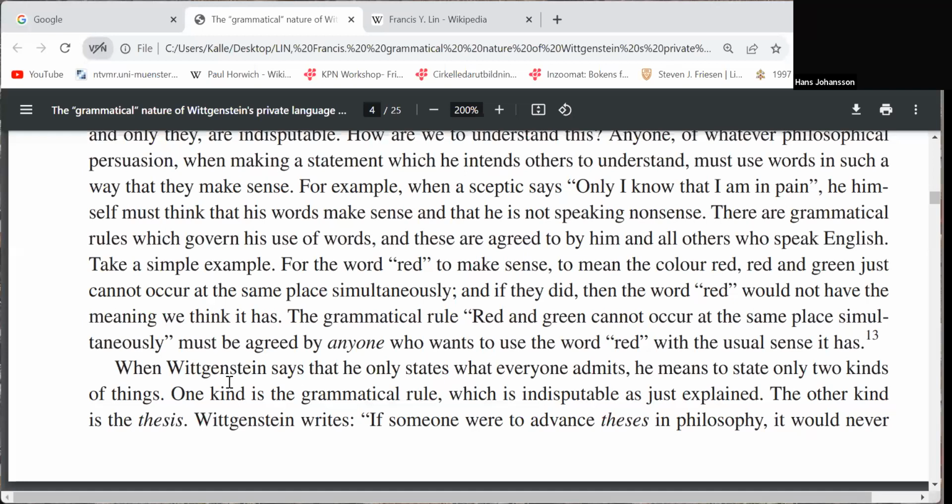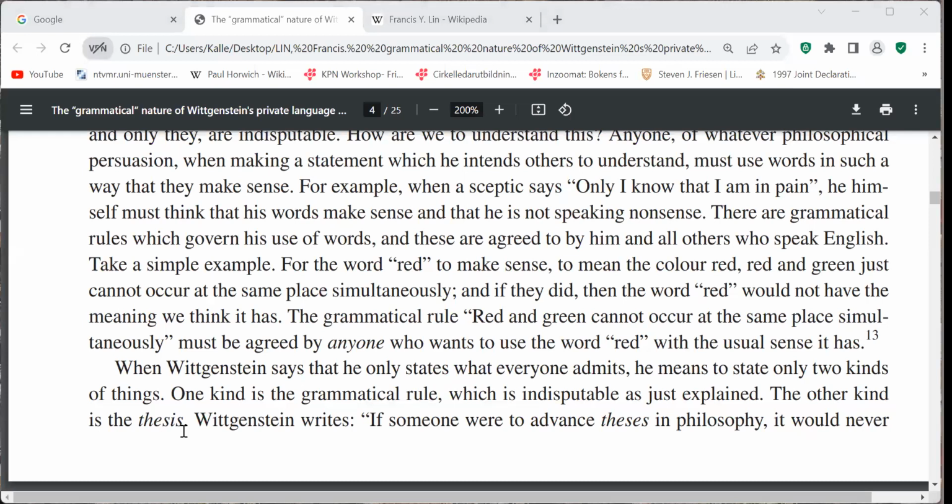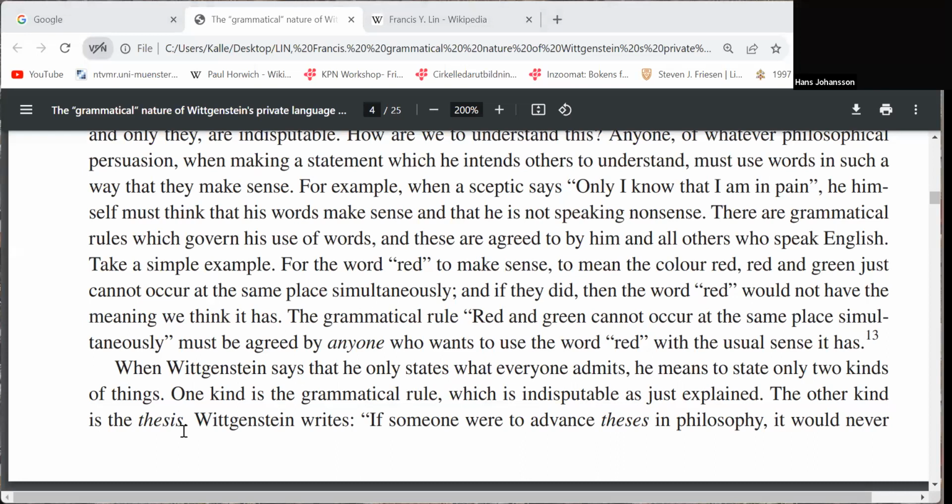For example, when a skeptic says, "Only I know that I am in pain," he himself must think that his words make sense, and that he is not speaking nonsense. There are grammatical rules which govern his use of words, and these are agreed to by him and all others who speak English.